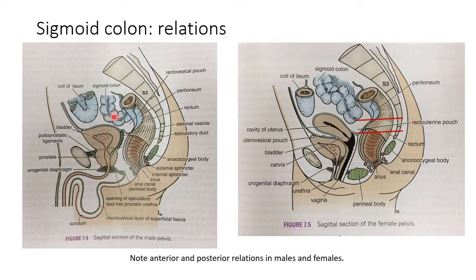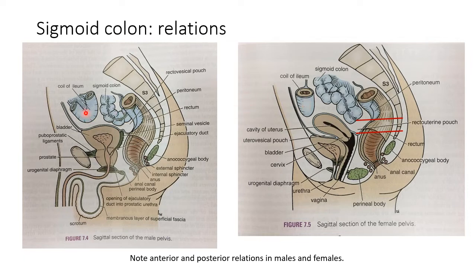Now, whether it's a male or female, you will see the loops of ileum anterior to the sigmoid, because when I talked in the slide about the differences between ileum and jejunum, I mentioned that ileum also can be found in the pelvic cavity.